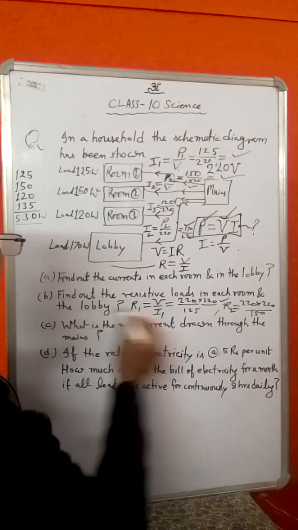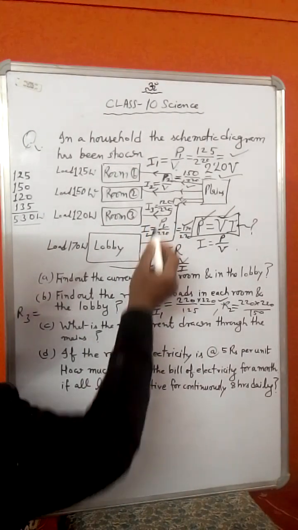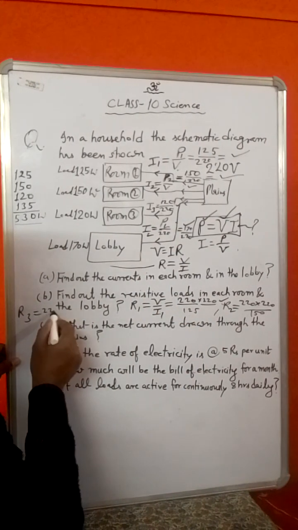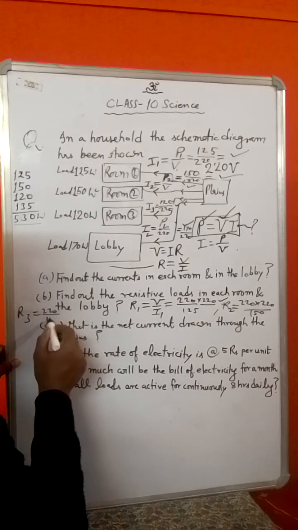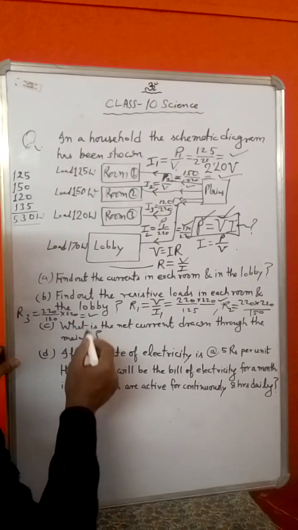Then R3, R3 is equal to again V upon I3, 120 into 2. We find out the value.